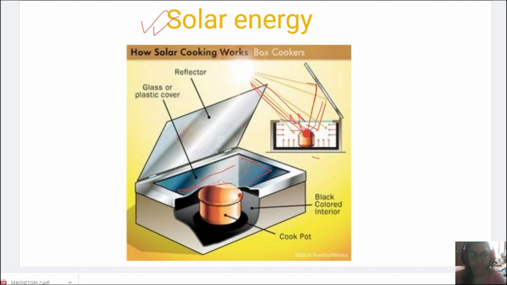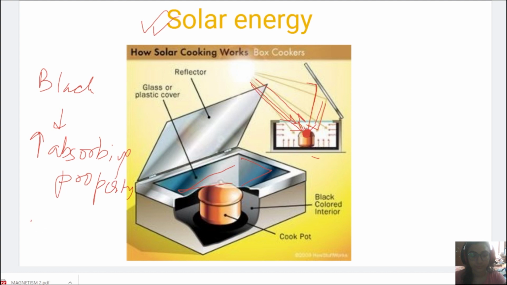Also, if you notice here, the interior of the box or the solar cooker is black. Now why is it black? Because black has the most absorbing property, right? And it has the least reflective property.